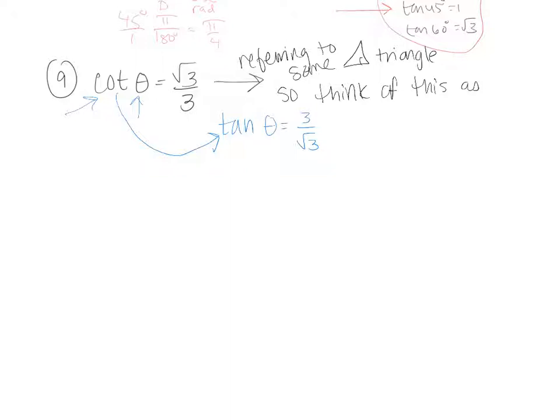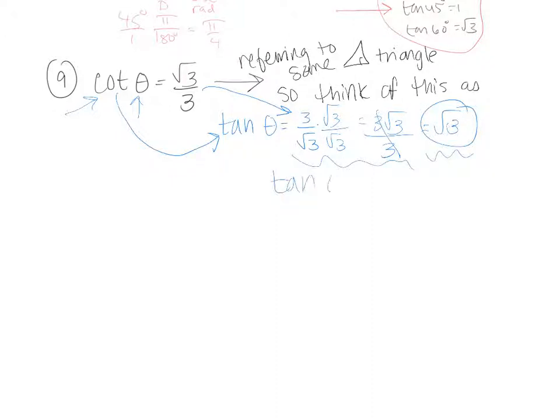If we simply flip our fraction, we'd get 3 over root 3, because now we're talking about tan, the reciprocal. Let's work with tan and see what that angle theta is, and that's going to be our answer. So when we rationalize and simplify, we get root 3. Now we're asking ourselves, what is theta?